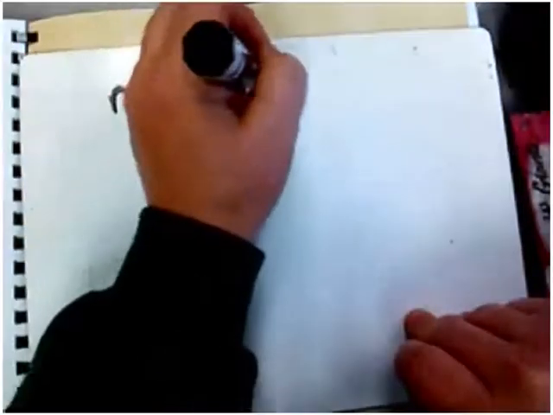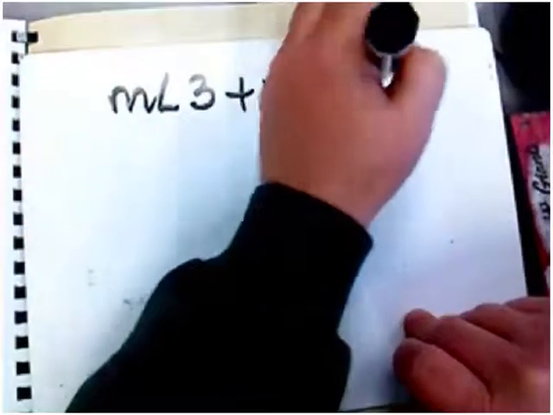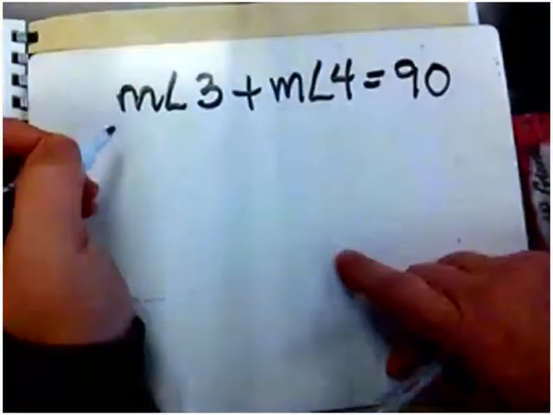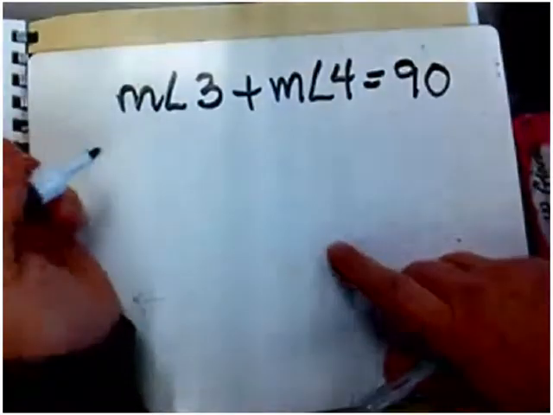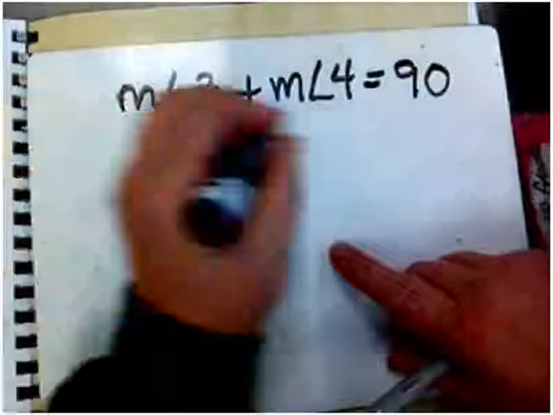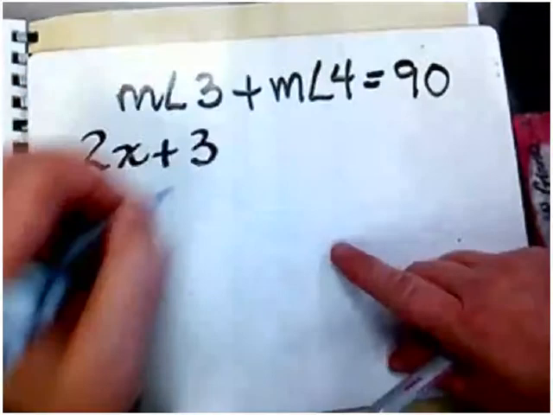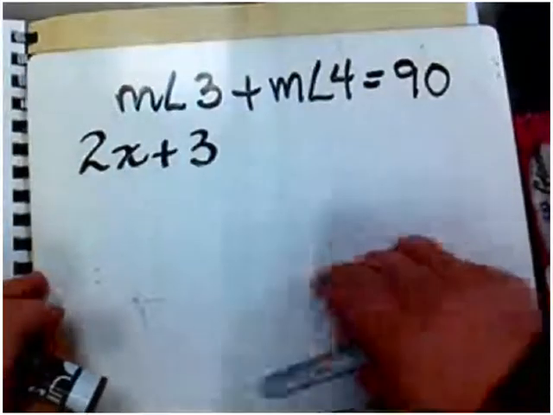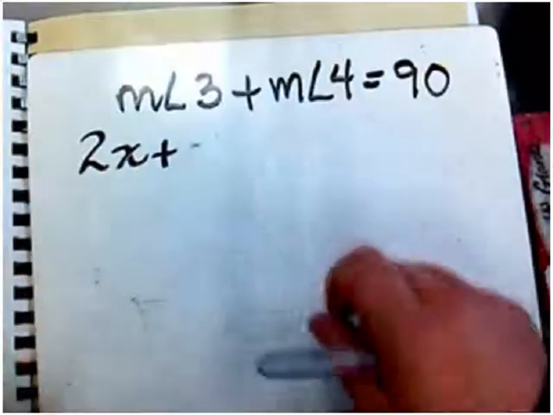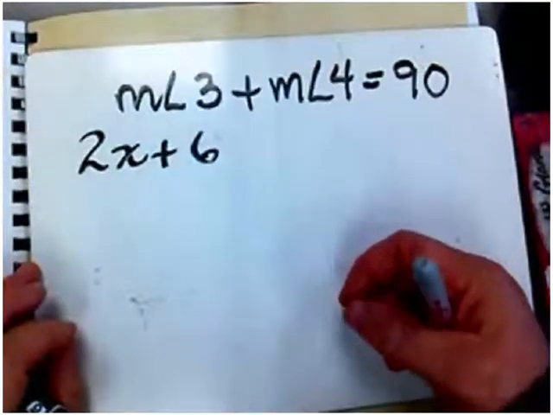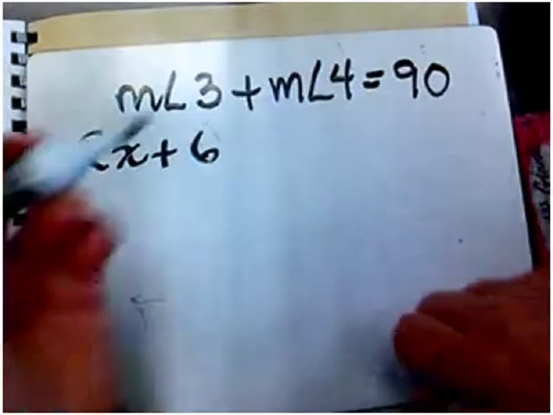So we have the measure of angle 3 plus the measure of angle 4 has to equal 90 degrees. We use our substitution property and substitute in the algebraic expressions they gave for each measure. 2x plus 6 is the measure of angle 3, and 2x is the measure of angle 4.